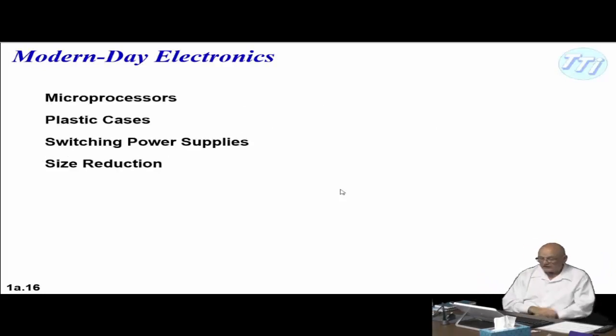If you look at modern day electronics, almost everything has a microprocessor. Microprocessors were introduced around 1970, 71, maybe a little before or after. But the main microprocessor that really moved things forward was the Intel 8080. It's kind of funny, I did a little research on that. Hewlett-Packard came out with what they called the 2640 series terminals for computer systems.